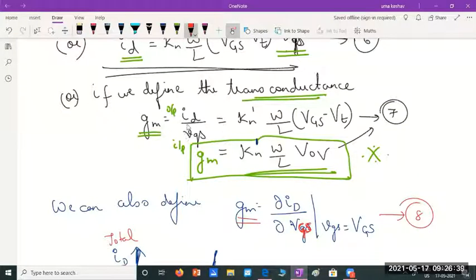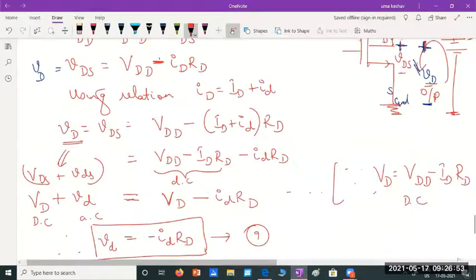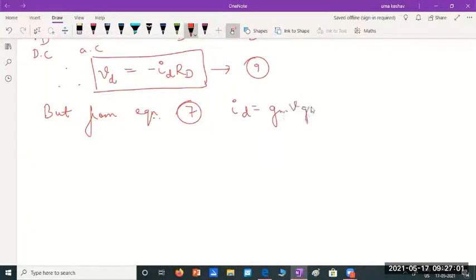Yes or no? Please see, in this equation, we have related the transconductance GM as id by vgs. If I am interested in writing id, I can write it as GM into vgs. So what I'll do, id can be written as GM into vgs.